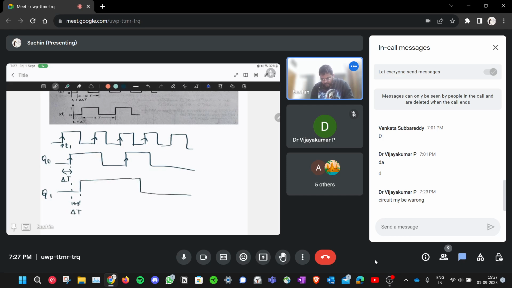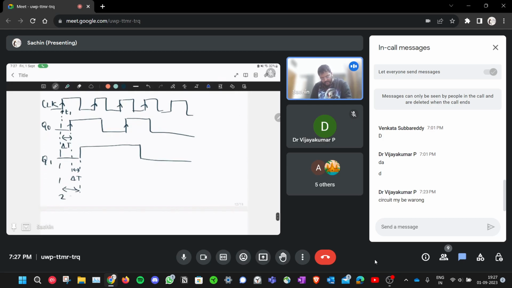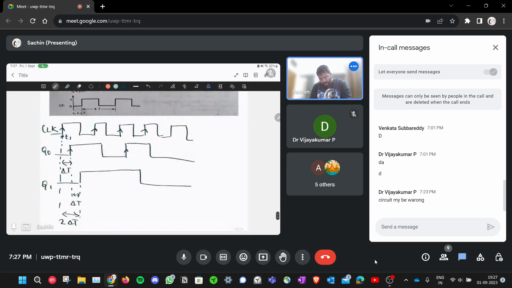In comparison to the actual clock signal, the output of the second flip-flop is delayed by 2 delta t from t1.